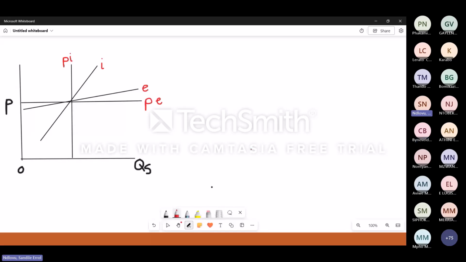All right, so as I was saying, this is a perfectly elastic supply curve because these firms operate in a competitive market. And as you know, in a competitive market, the suppliers or the firms sell the same product, you know. Maybe they are selling wheat, because in the commodities markets, wheat is very popular.